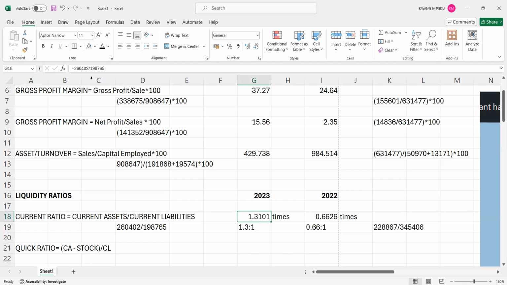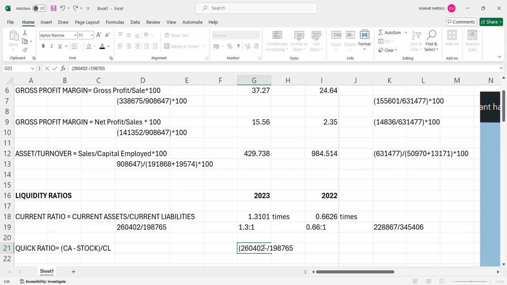So I'll come here. So check your current assets and give me the stock. On the same thing, here we subtract the stock from the current assets.